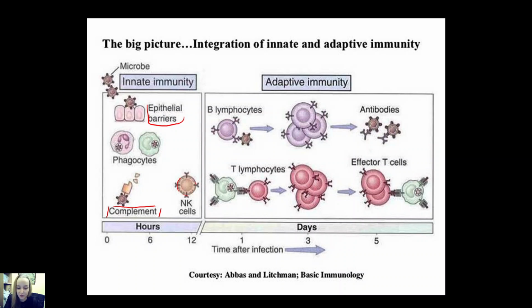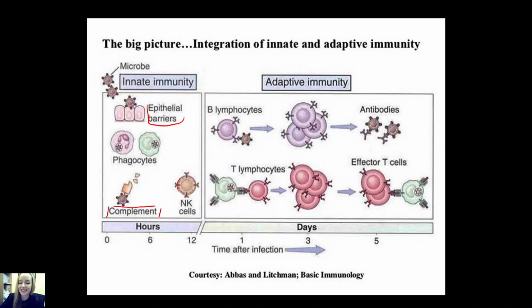You will learn about the complement system more in immunology. There are many types of complement pathways, and each pathway is composed of different proteins and different cascades, so they are activating and deactivating each other. It's very complicated, I can tell you.